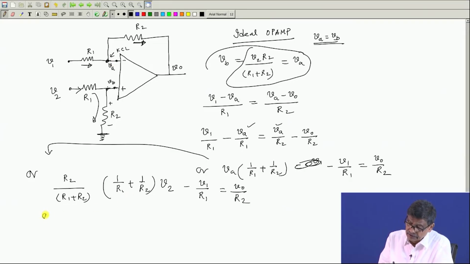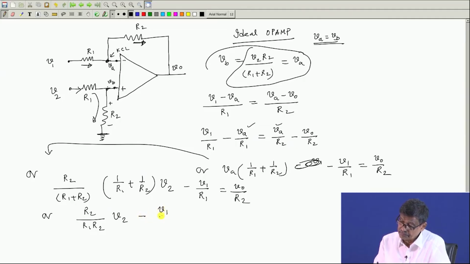So, if you calculate this, R1 plus R2 will cancel out, divided by R1, R2 into V2, minus V1 by R1, into V0 by R2. I want to calculate this difference in voltage.